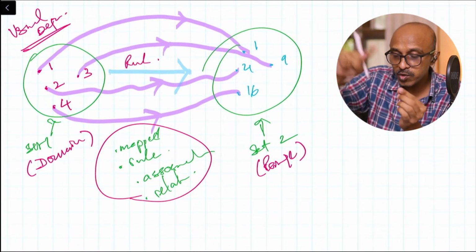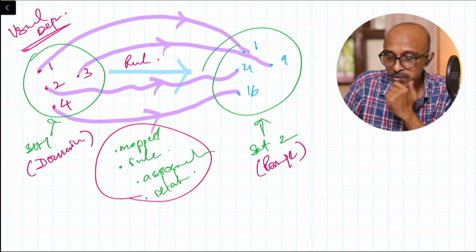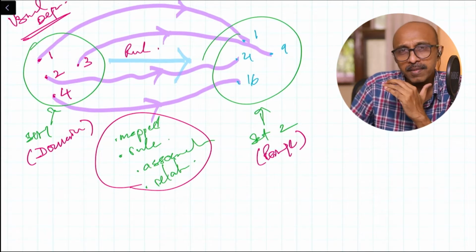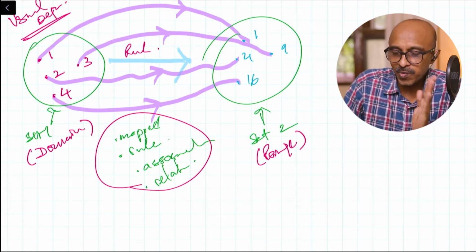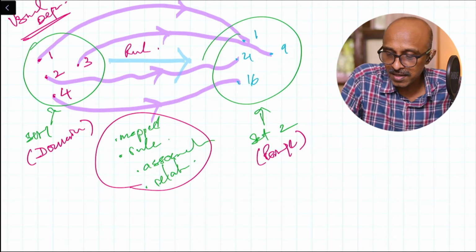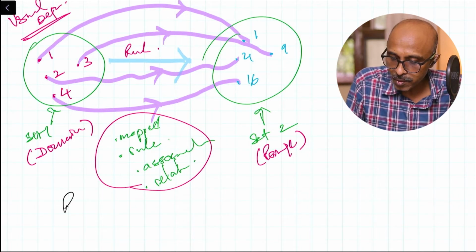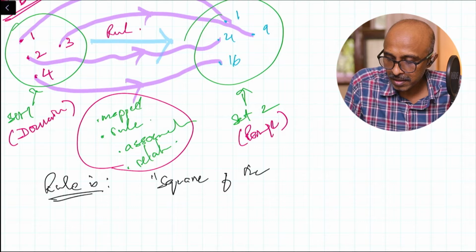So if 1 goes to 1, 2 goes to 4, 3 goes to 9, 4 goes to 16, think about it. What kind of rule is it? What is the connection between 1 and 1, 2 and 4, 3 and 9, 4 and 16? Could it be that the rule is the square of the input?